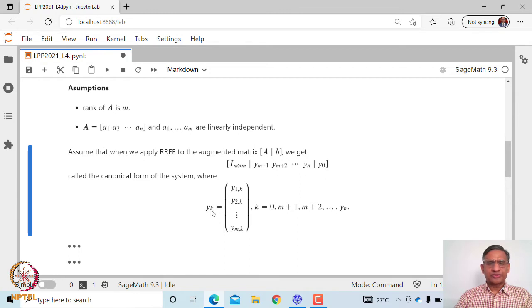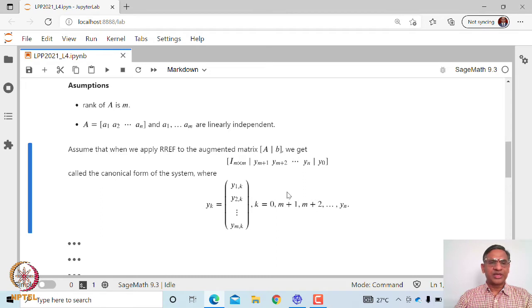Now look at yk, that is the kth column here, where k is bigger than m, so k can take values m plus 1 to n, and it could be 0. The components of this column we write as y1k, y2k, ..., ymk. That is the kth column of the matrix RREF of A augmented with b.